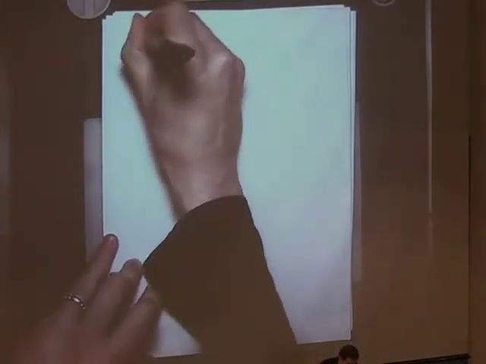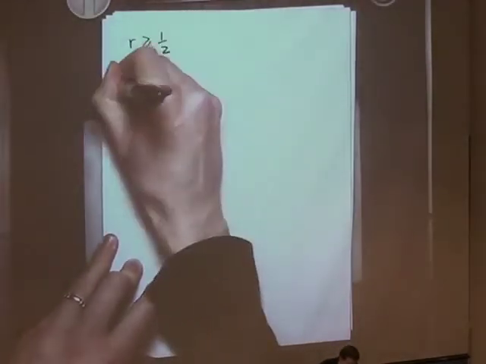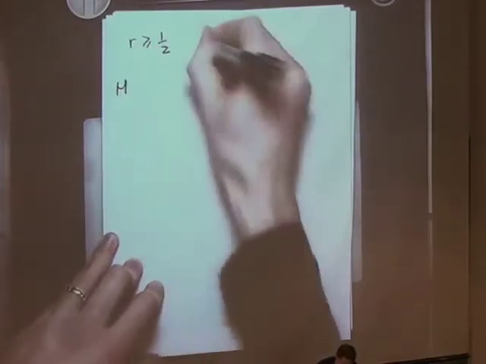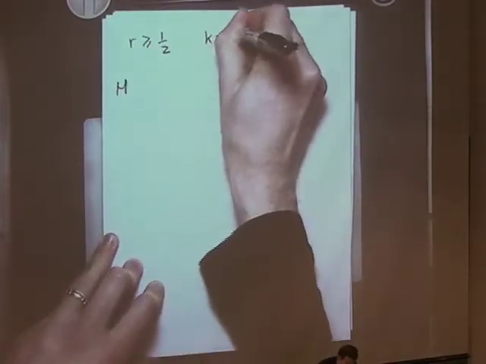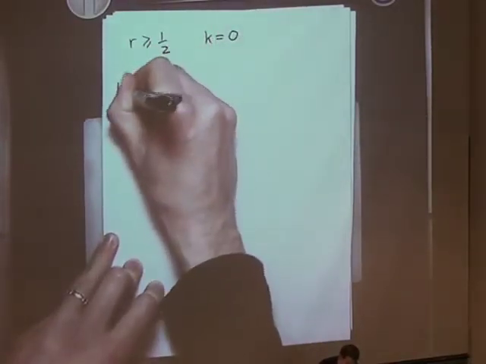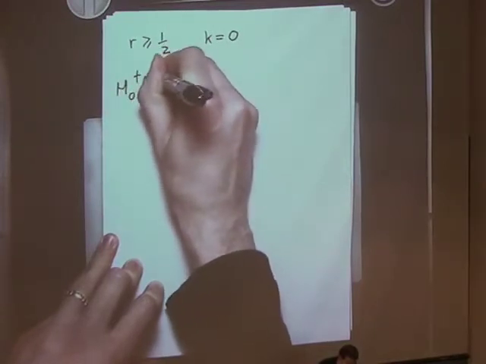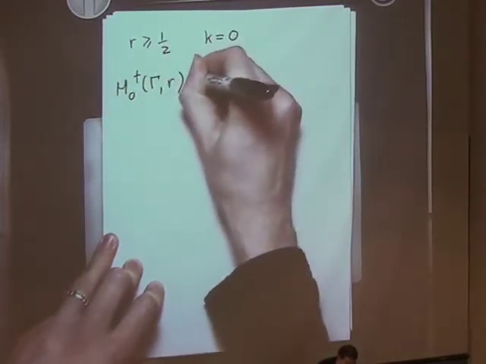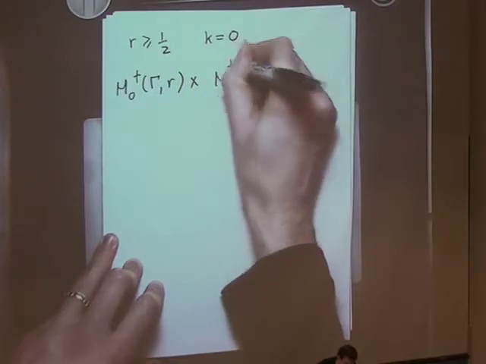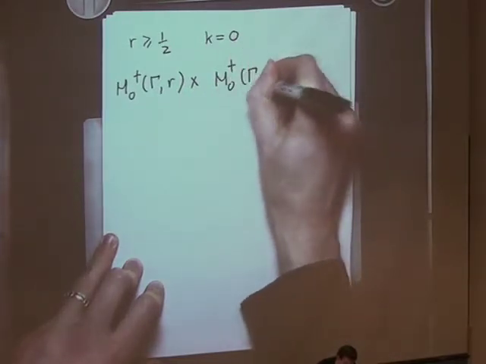But that allows us, in fact, to define a pairing. So if r is at least a half, and let me now suppose the weight is equal to 0, this is interesting to think about in other weights as well, there's a pairing between overconvergent modular forms of deep enough radius with itself.